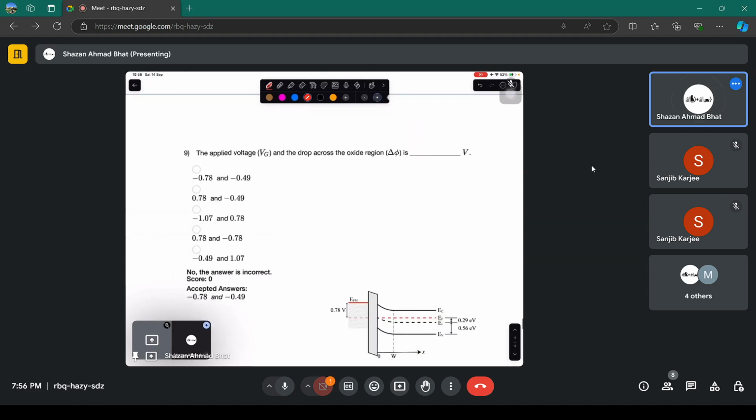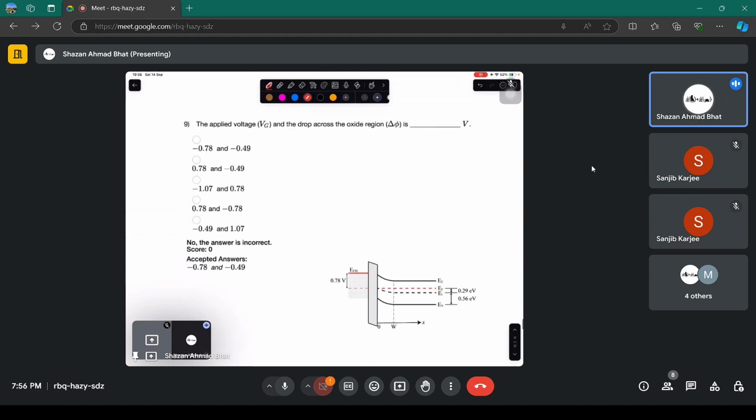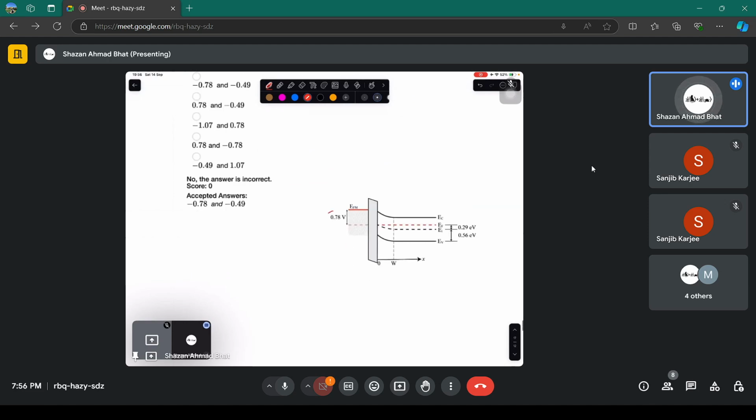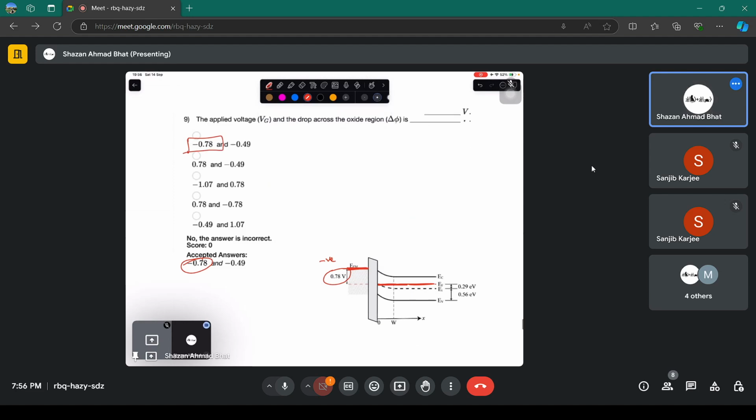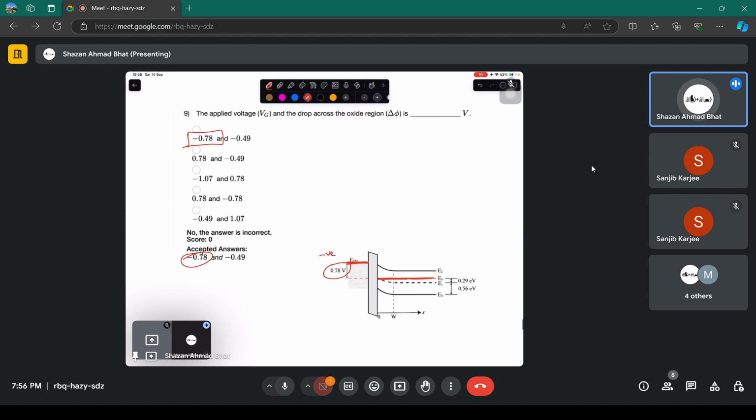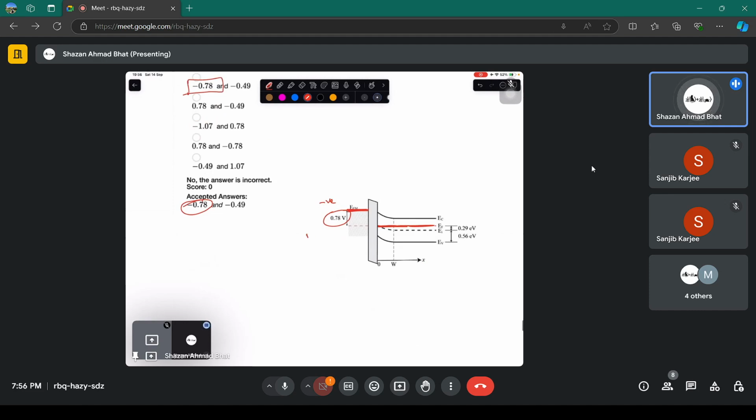Now the gate voltage applied. This also I showed. The gate voltage is negative because the Fermi level has gone up compared to the Fermi level in the semiconductor. So the gate voltage is negative, and you have to compute the drop across the oxide. Now this is an interesting problem. Whatever gate voltage you applied is going to drop across the oxide and across the semiconductor. Across the semiconductor, where does it drop?